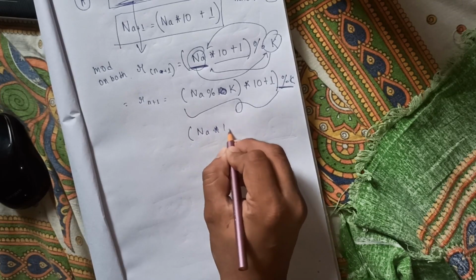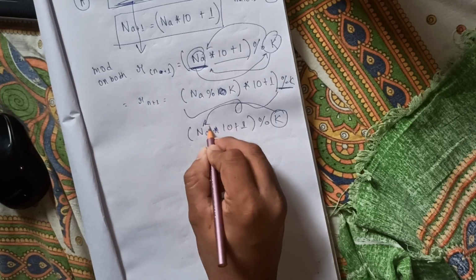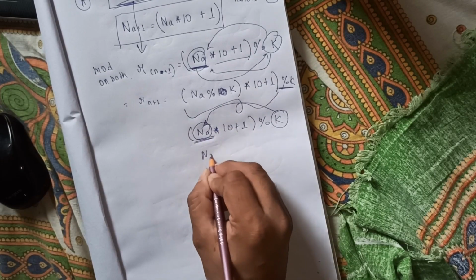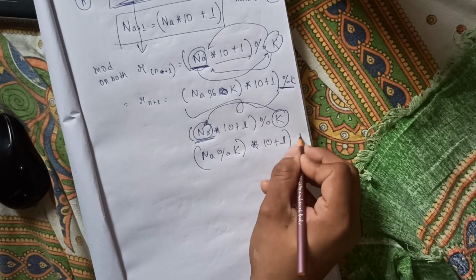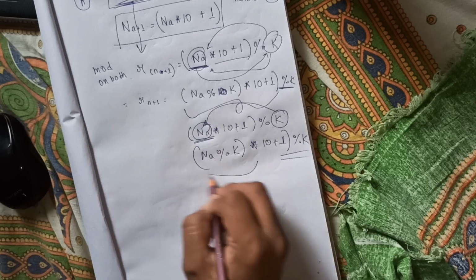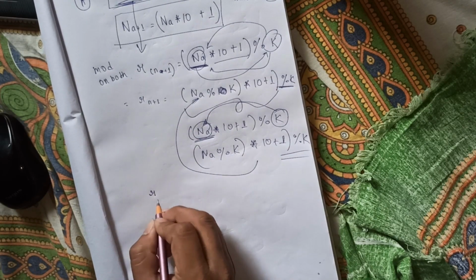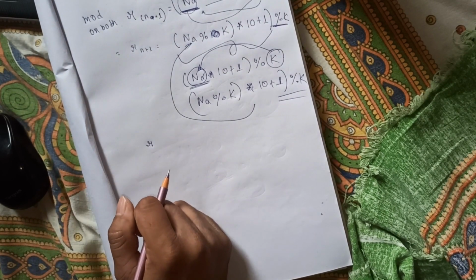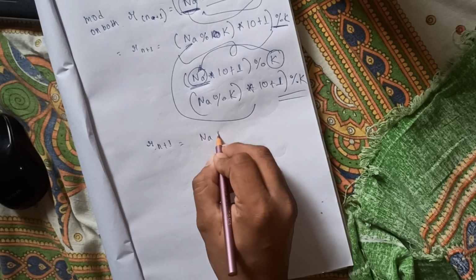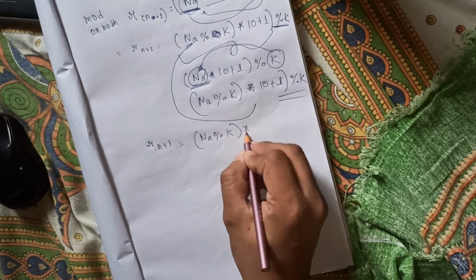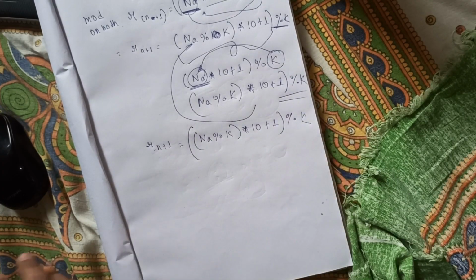So if you didn't know, this is an example. If n of a, like I'm again writing the same part, modulo k, this modulo k will go to the value which you had. So n of a modulo k, right, into 10 plus 1 modulo k. This value is the same as this one, right? So r of n plus 1 is equal to n of a modulo k into 10 plus 1 modulo k, right?